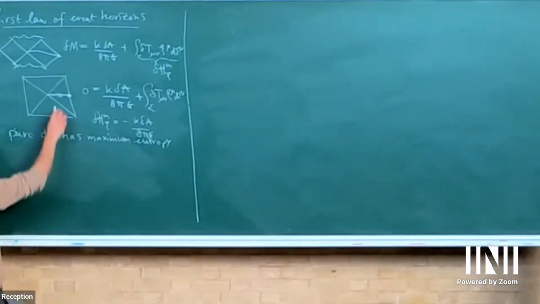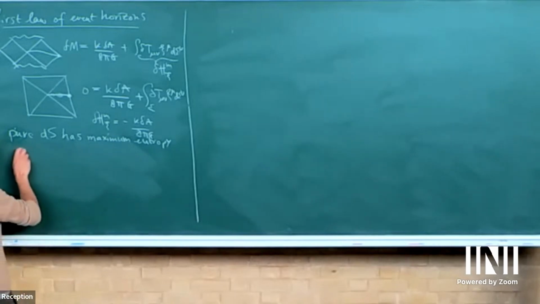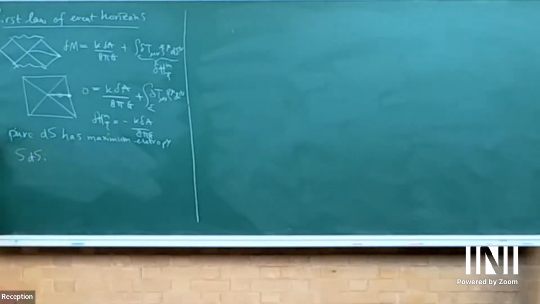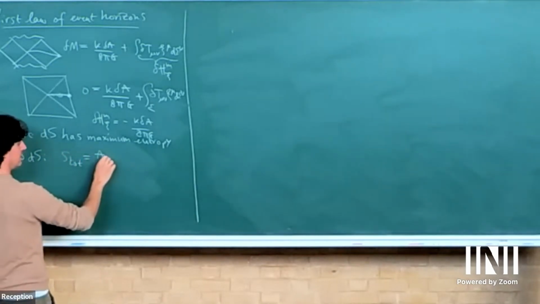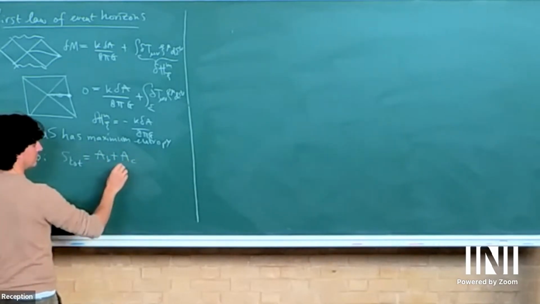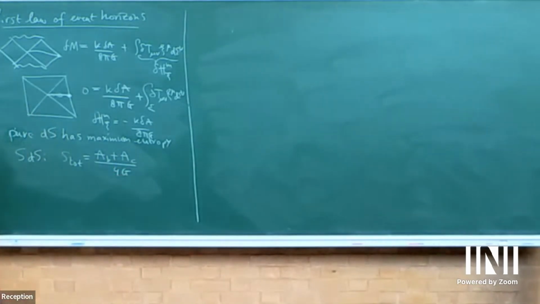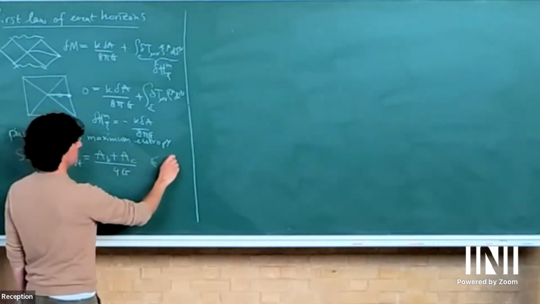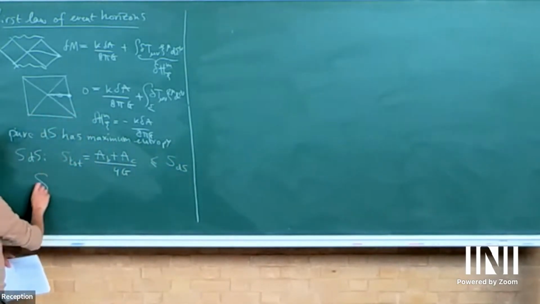Even if you create a black hole here, if you make a Schwarzschild de Sitter spacetime, you cannot decrease this entropy. So for Schwarzschild de Sitter space, the total entropy, the sum of the black hole horizon area and the cosmological horizon area, is always smaller or equal to the pure de Sitter entropy.